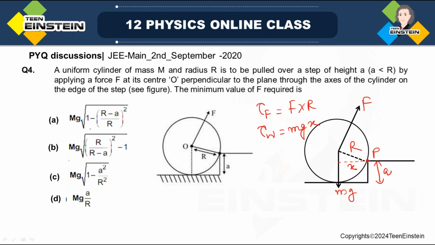This torque has to be greater than or equal to the other. For the minimum force, I can write tau F equals tau w. Tau F is F R, because this is 90 degrees, so sin theta is 1, and this x is also at 90 degrees. So tau w is mgx. But what is this x?